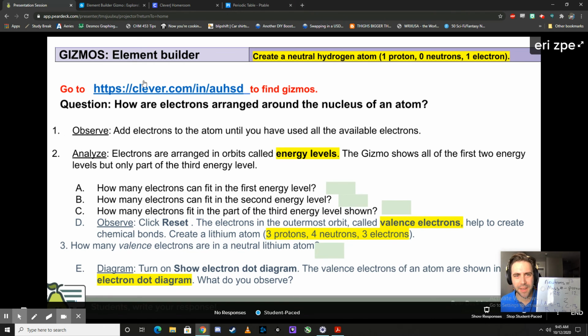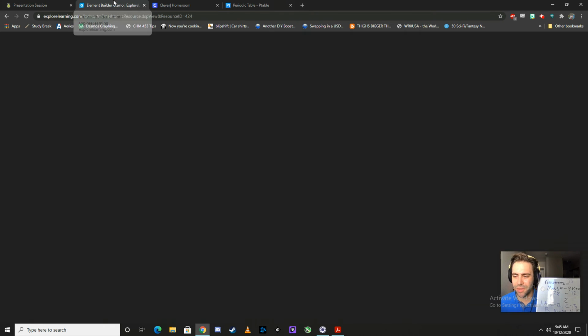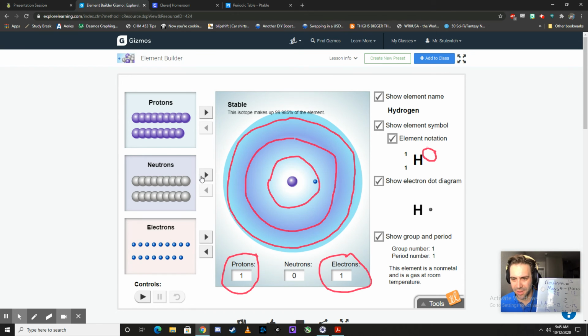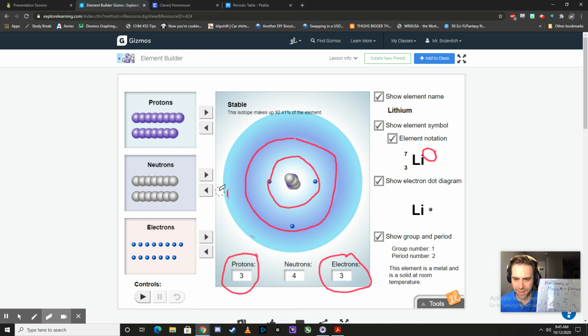Let's create a lithium atom with 3 protons, 3 neutrons, and 3 electrons. Okay, so let's make lithium: 3 protons, 3 electrons, and 4 neutrons. And let's erase the rest of this so we can see it.